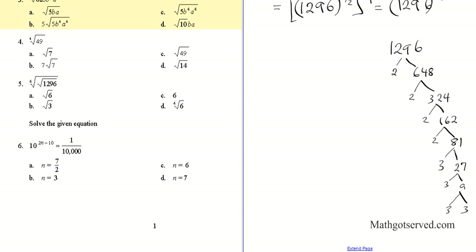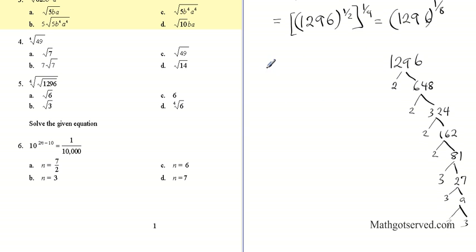So this problem can be written as 1296 to the 1/8 equals 2 to the 4th times 3 to the 4th raised to the 1/8 power. Since the powers are identical, I can factor these two powers out.